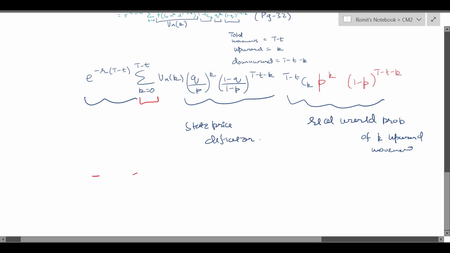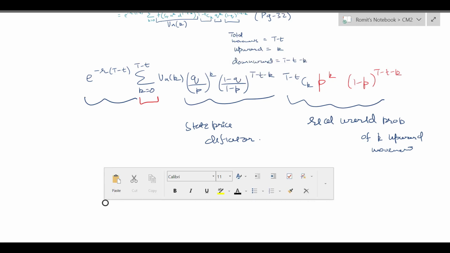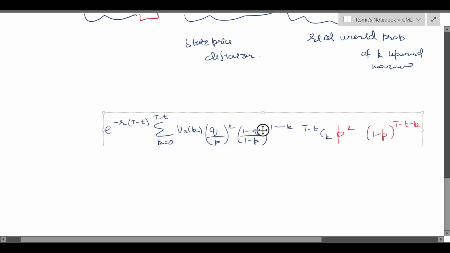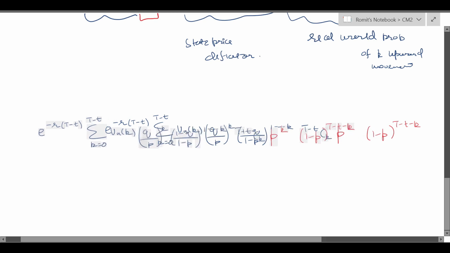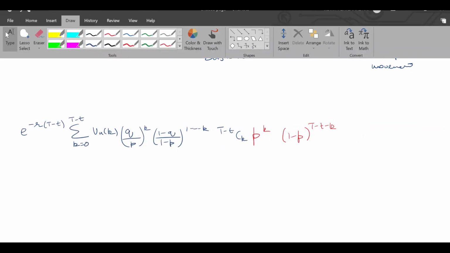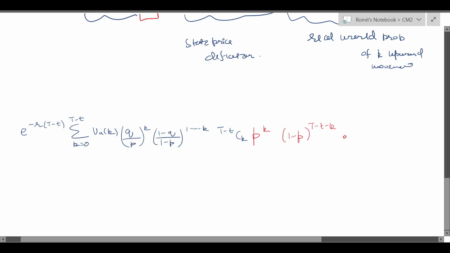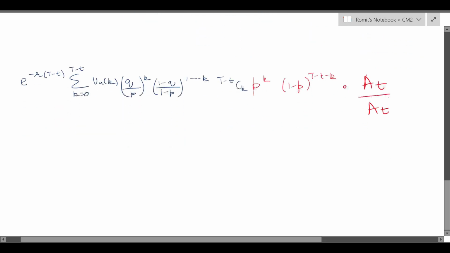Okay, let's do one thing. Let's copy the whole thing. Let's select this. Okay. So now let's just multiply and divide by the state price deflator up to time t, A_t.